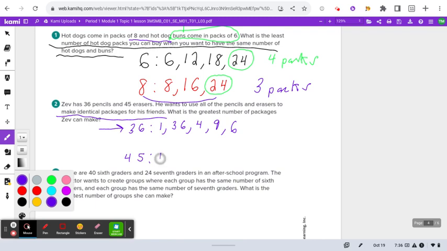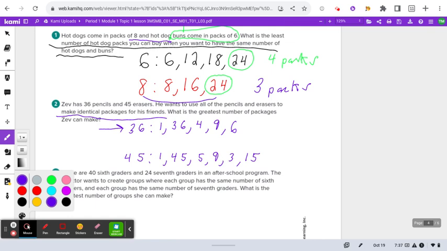So I know, of course, 1 times 45. I know there's 5 times 9. And I know there's 3 times 15. So you need to think about all the different multiples that will get you 45.